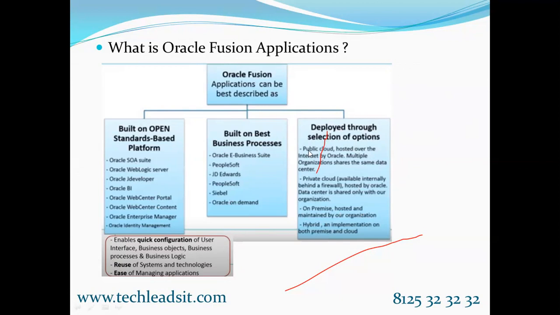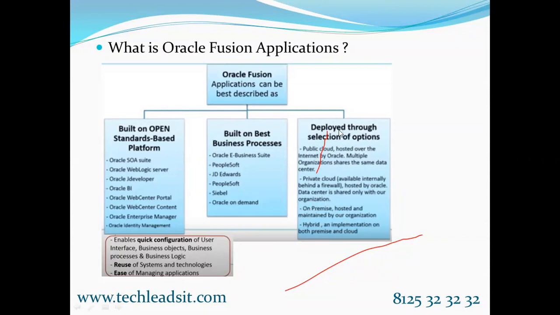Here we have various cloud models like public cloud, private cloud, on-premise, and hybrid. Whatever we have been working on for 10 years, or whoever has not worked on Fusion applications and is working on E-Business Suite, that system we call on-premise. Other than Fusion applications, any other application we call on-premise. The best example is our E-Business Suite R12 application, which is an on-premise application.